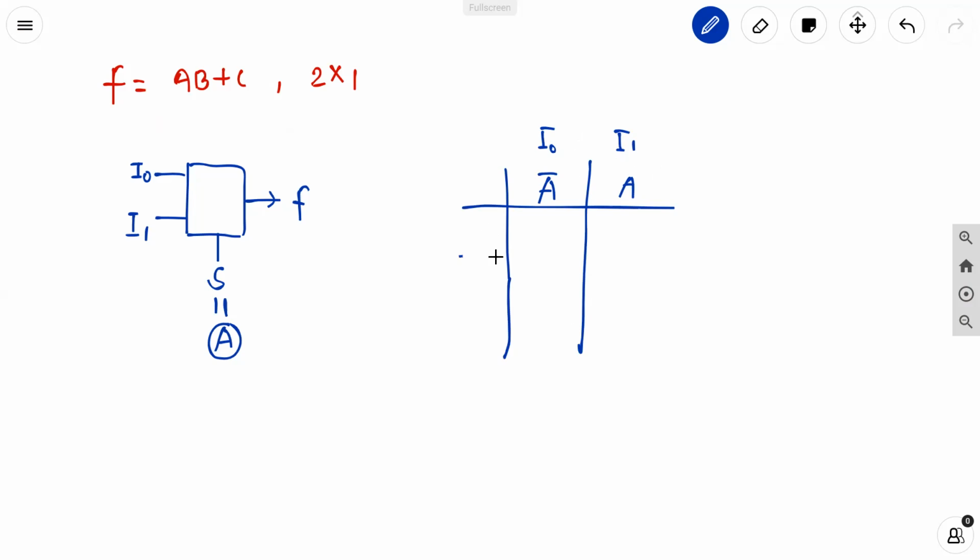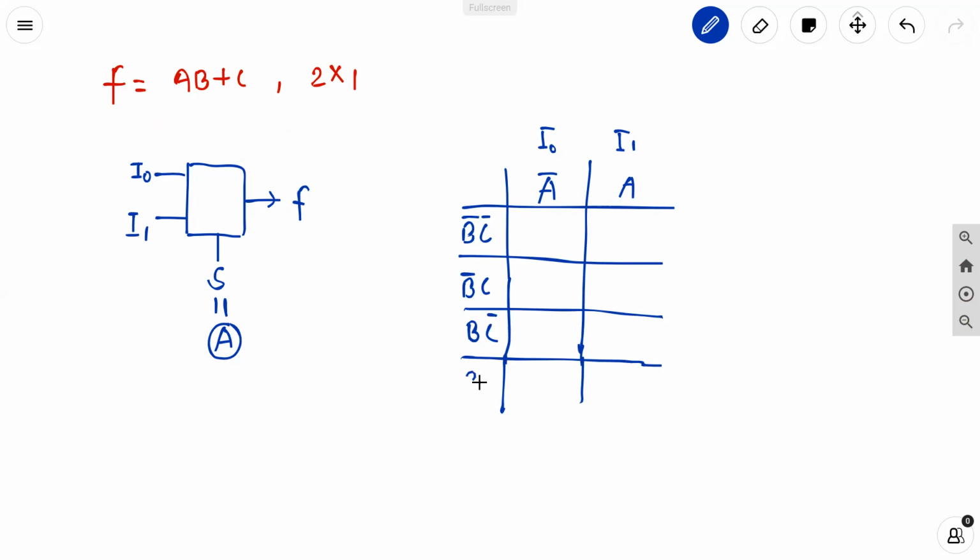Now we have the combinations for BC: B complement C complement, B complement C, B C complement, BC. So these are the input combinations.